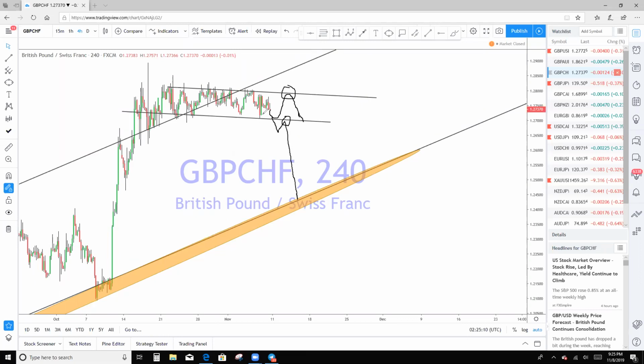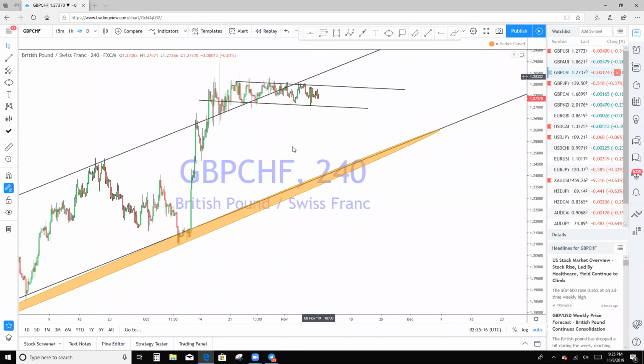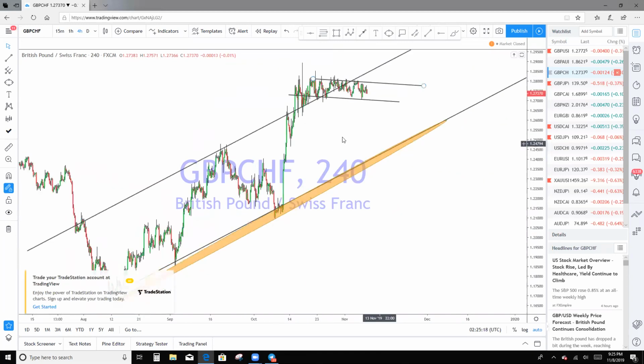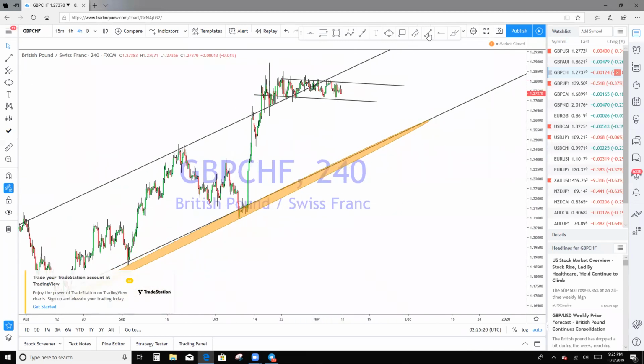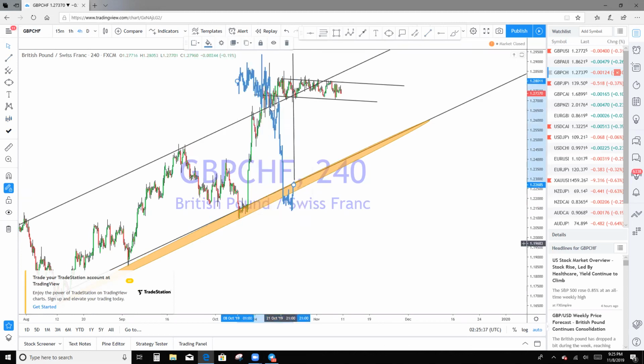Next, that's going to be G Swissy, if I show you the mirror image as well. We wanted to find that mirror image. It don't look too promising, but you may be able to draw a halfway line in here. May be able to do something like this. Flip it.